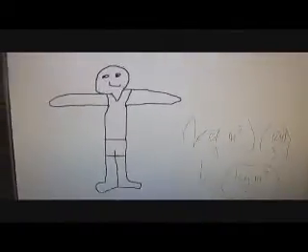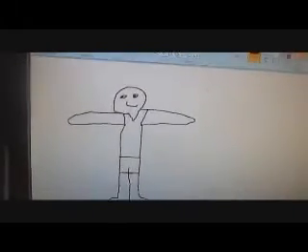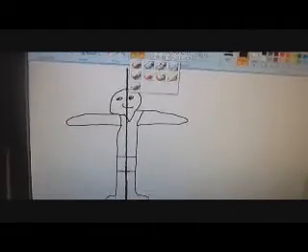So when the man spread his arms like that, like in my drawing, the distribution of mass of this person from the axis, this axis, is farther away from the axis as he spread his arms.